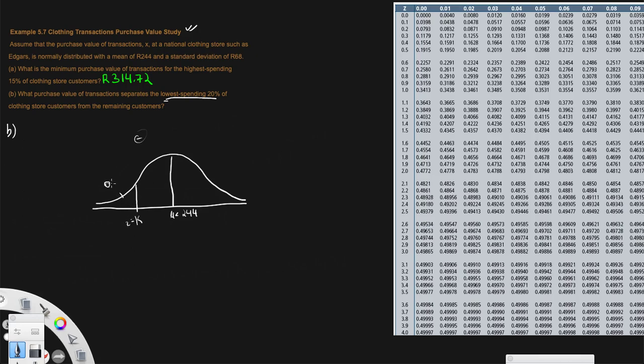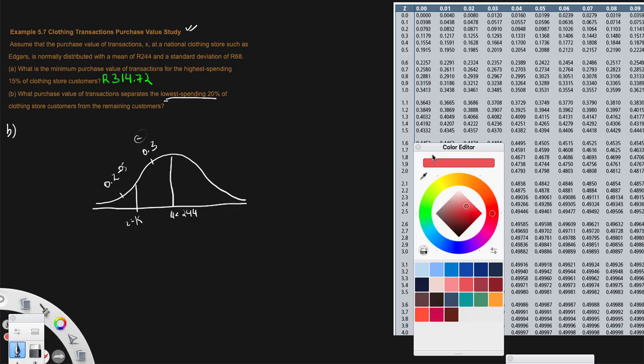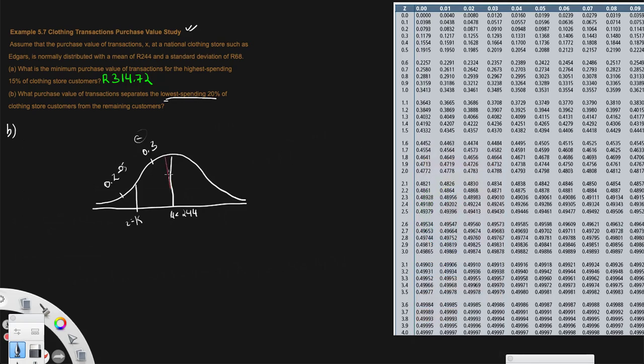20% can be written as 0.2, and if you do 0.5 minus 0.2, you get here 0.3. Then you know that that's the probability here, and to get my k, I would use this one.